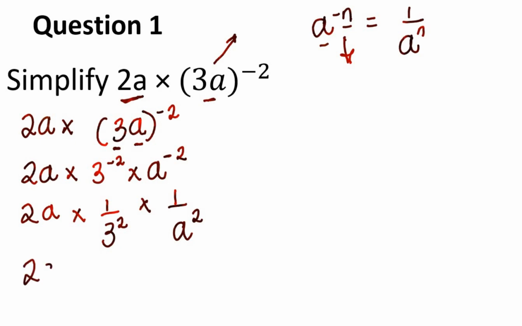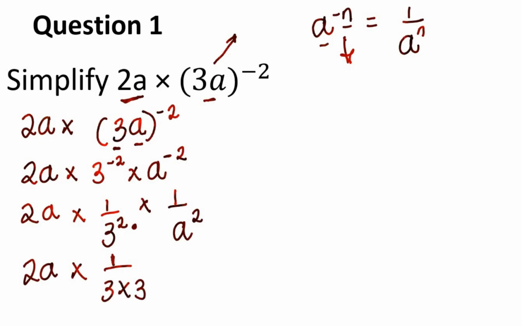So 2a times 1 over 3 squared. Now, the exponent tells you how many times you need to multiply a number by itself. Since it's squared, I'll do 3 times 3.